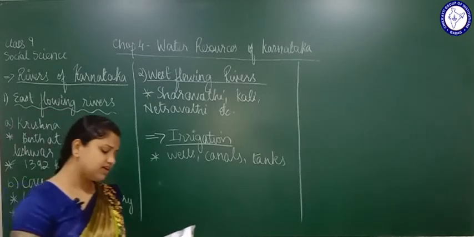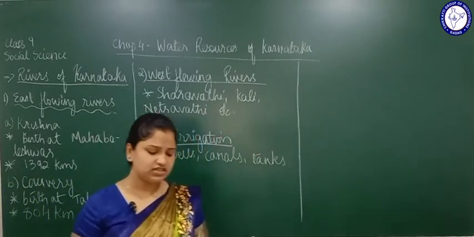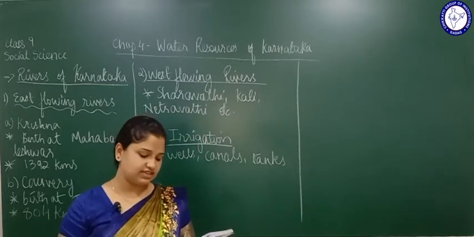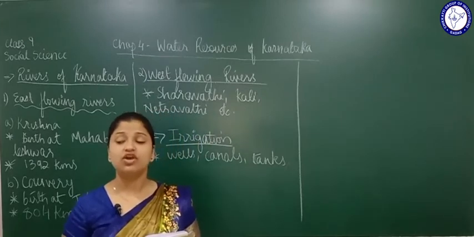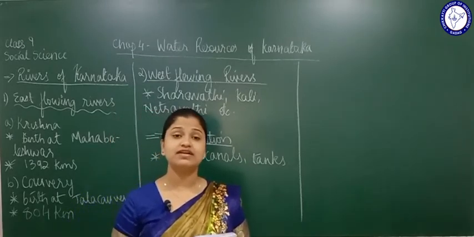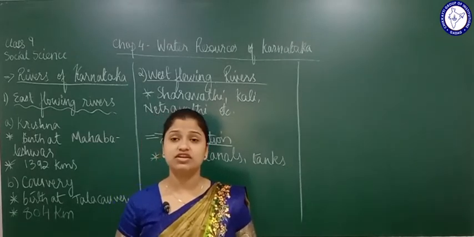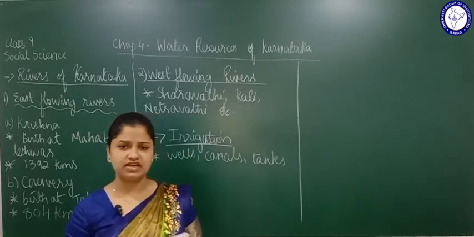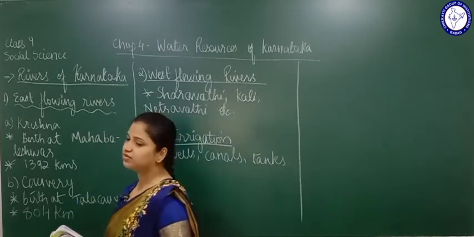Also, the land under irrigation is considered. Then Belgavi occupies the first position, and similarly Kodagu district will occupy the least position, which means that Belgavi has the largest cultivable area under irrigation, whereas it is minimum in Kodagu district.